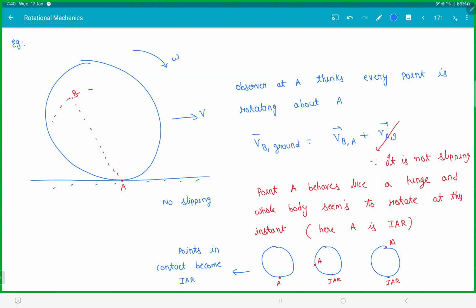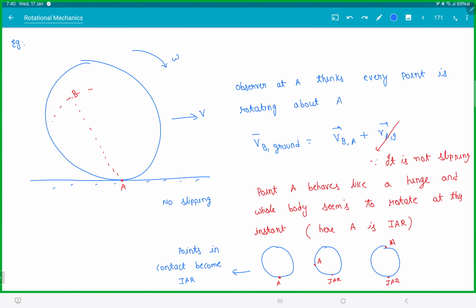Have a look at this. So the idea here is, if velocity of any point as seen by A is the actual velocity in the ground frame, then the system is as good as if you put a hinge and rotate the whole thing with omega. Mathematically, it is the same thing. Nature won't understand whether it is rotating or rolling. It will simply say it looks like a hinge.